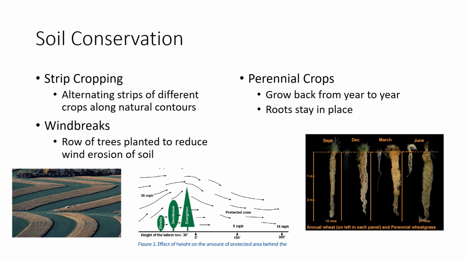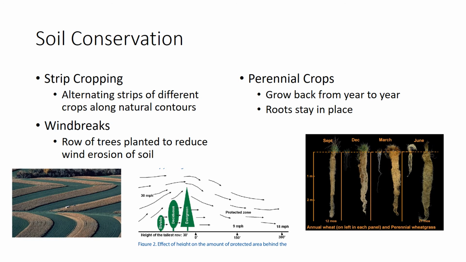So strip cropping is another method of soil conservation. And you can see there in that bottom left picture, basically you have strips of different crops along the natural contours. Again, right, working with the natural contours of the land will allow the surface runoff not to run off as fast.